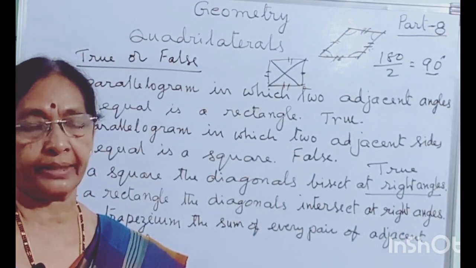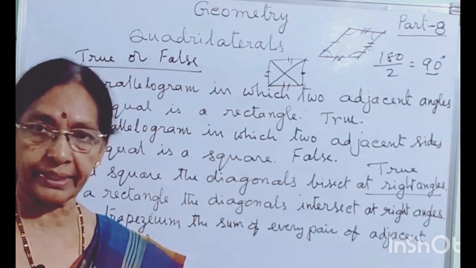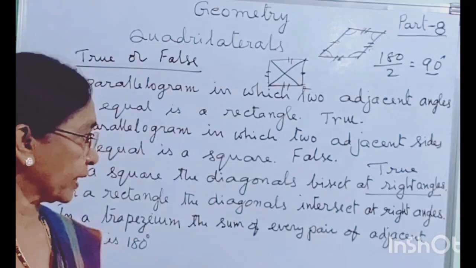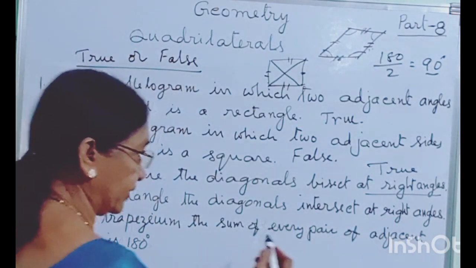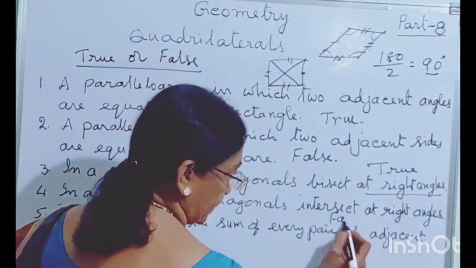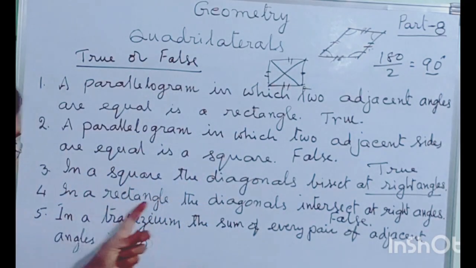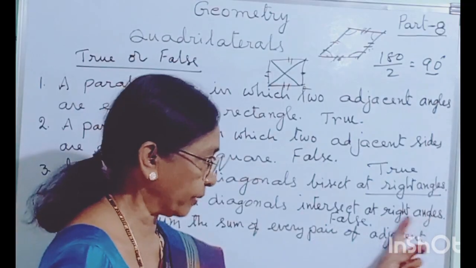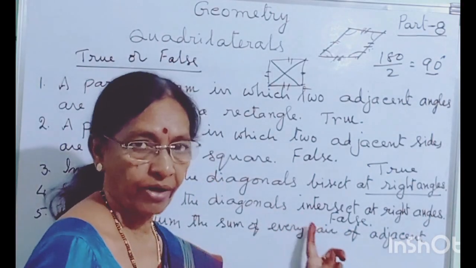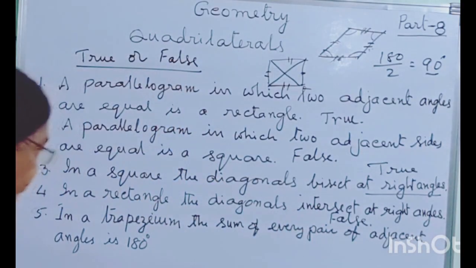Therefore, this statement is false. That is, in a rectangle, the diagonals intersect at right angles means perpendicularly is a false statement. So, this statement is false.